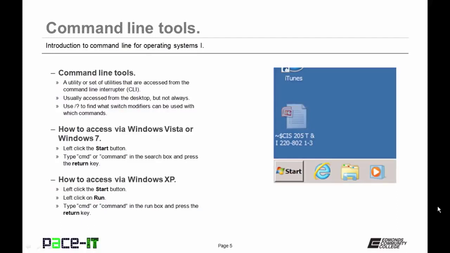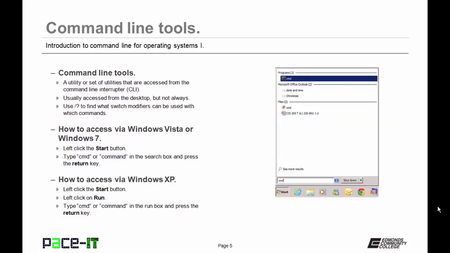Now, when you want to access the command line from Windows Vista or Windows 7, you left click on the Start button, and then in the Run box, you type in Command or CMD. That'll get you access to the command line.